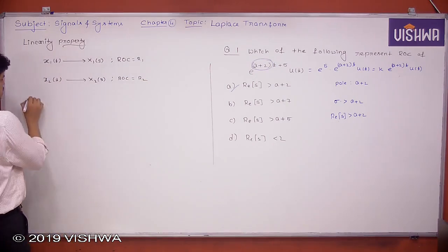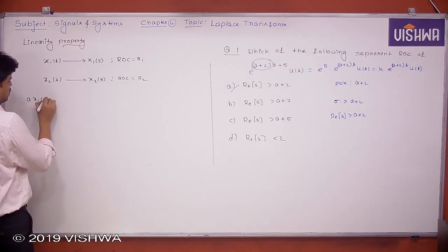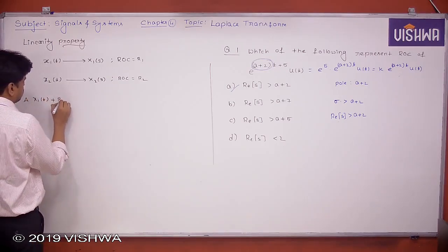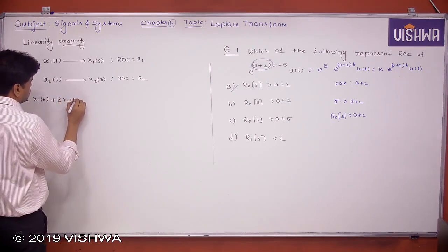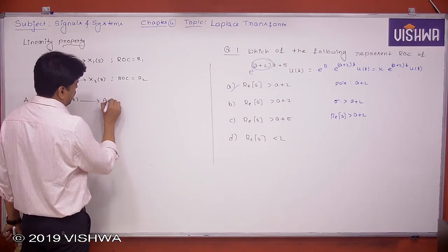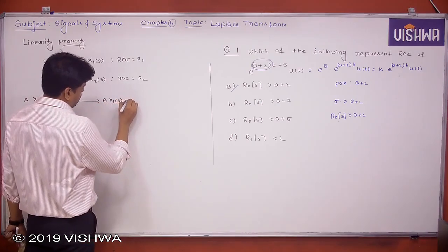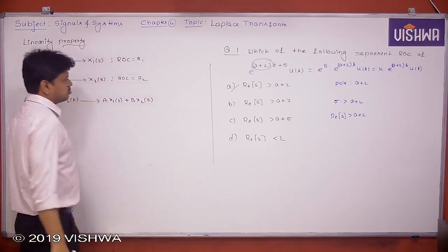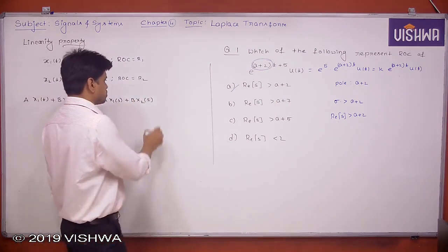Then if I take a signal a x1 of t plus b x2 of t, what is the Laplace transform? A x1 of s plus b x2 of s.